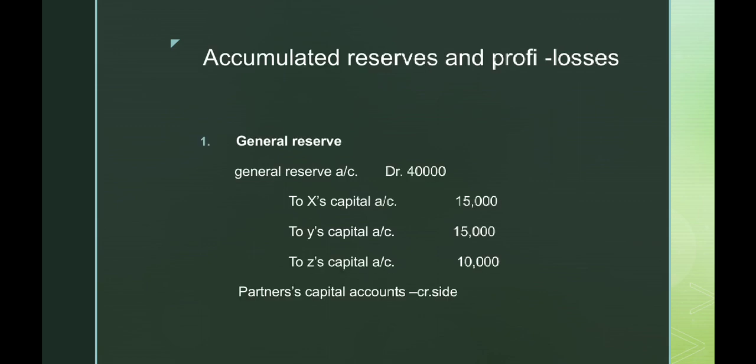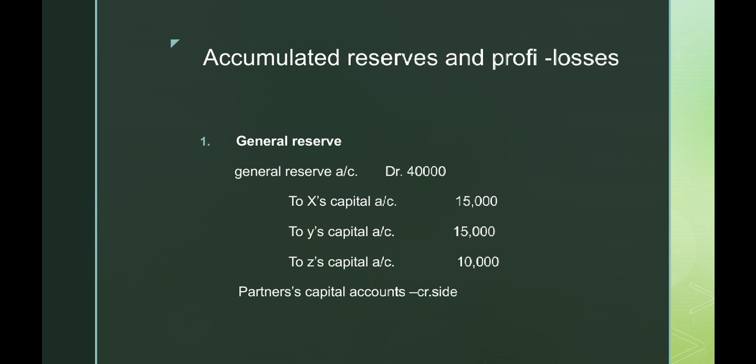Okay, so far we have completed adjustments and the very next step is accumulated reserves and profit and loss. For this, first of all, look at the balance sheet given in your question, page number 227, on the liabilities side.